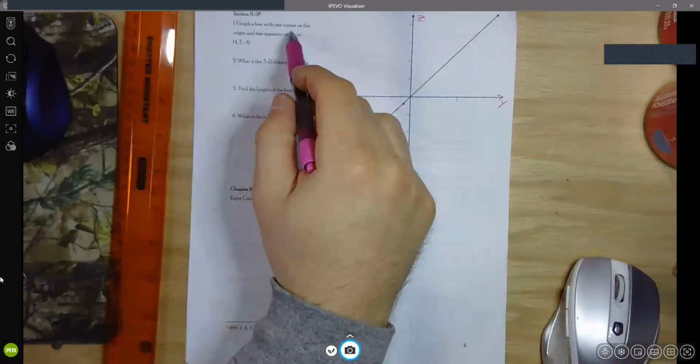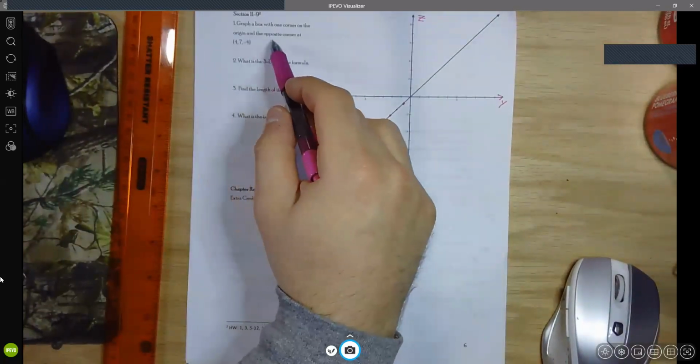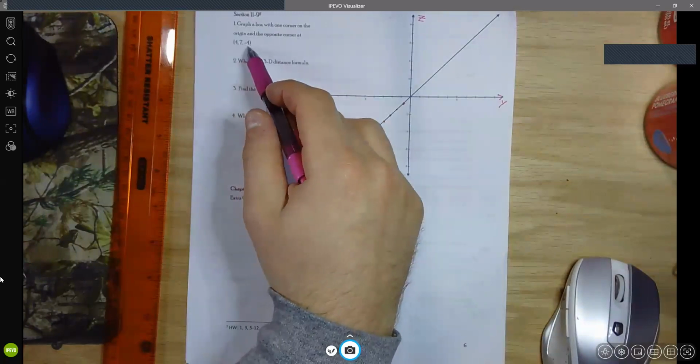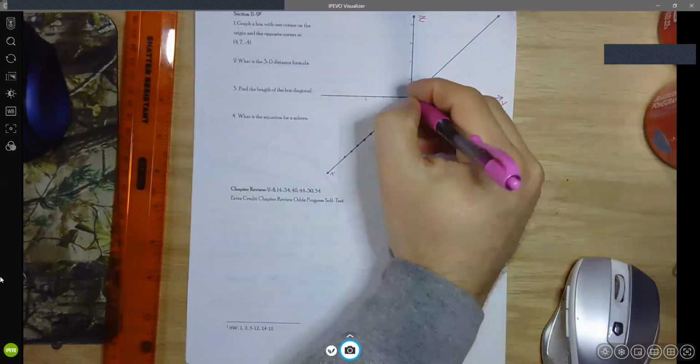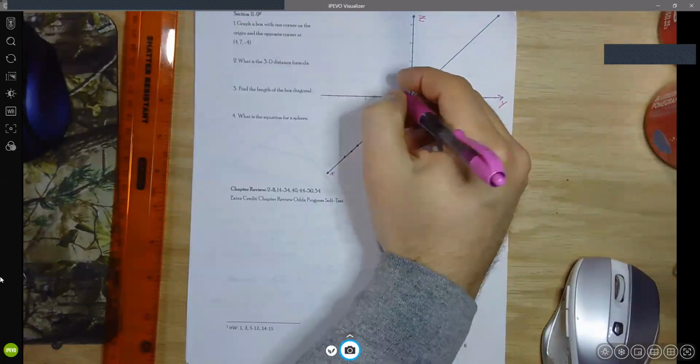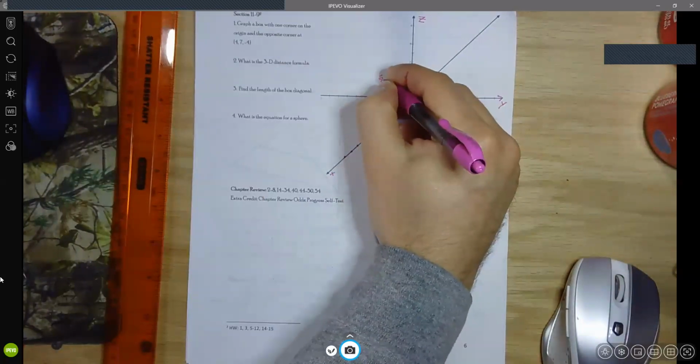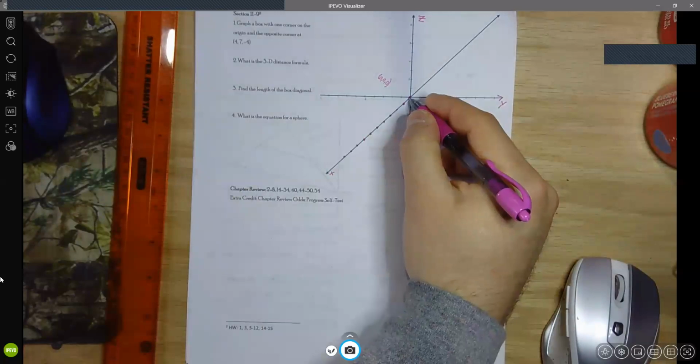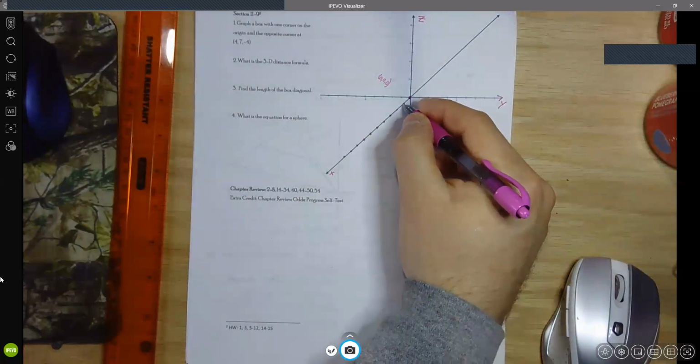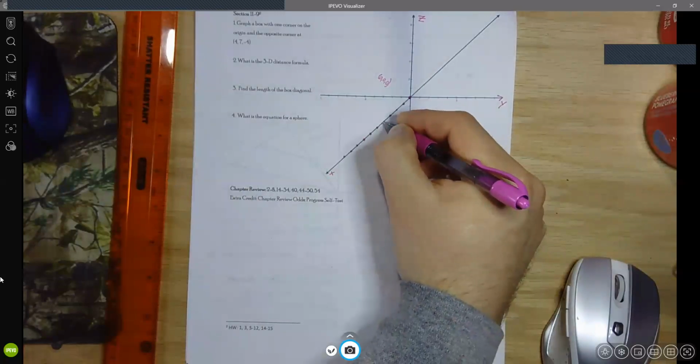All right, so how do you graph? This says graph a box with one corner on the origin and the opposite corner at 4, 7, -4. So the origin is right here. It's the point 0, 0, 0. And to graph the opposite corner, 4, 7, -4, you need to go 4 in the x direction, 1, 2, 3, 4.